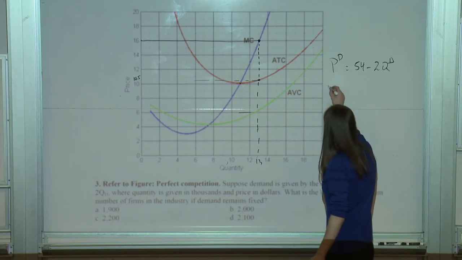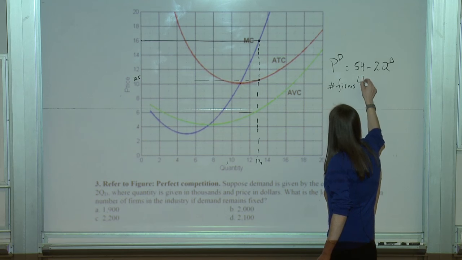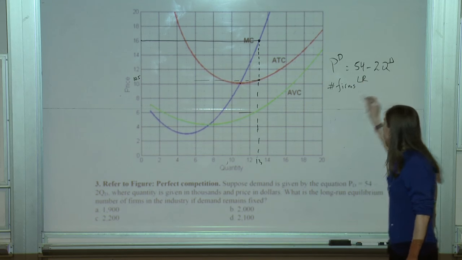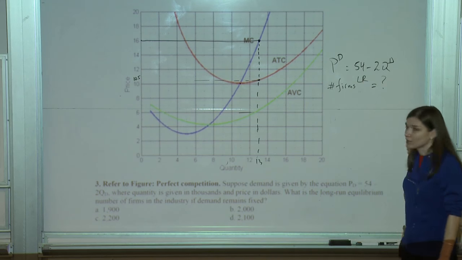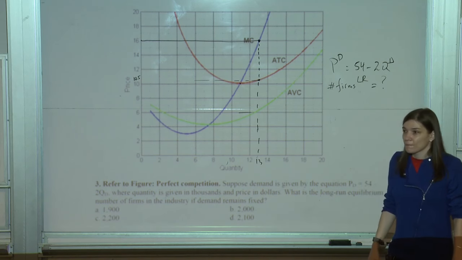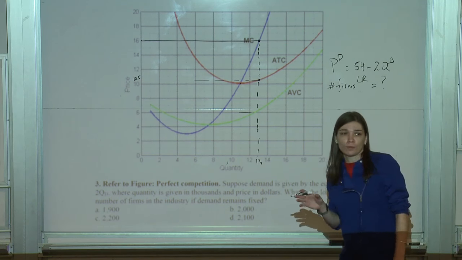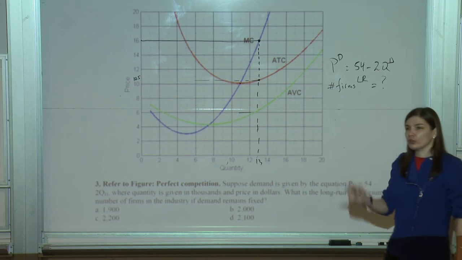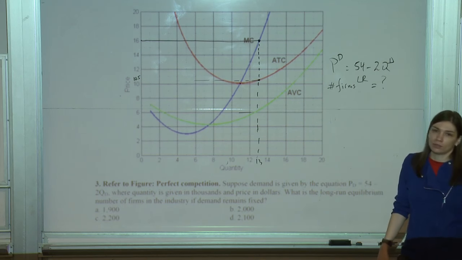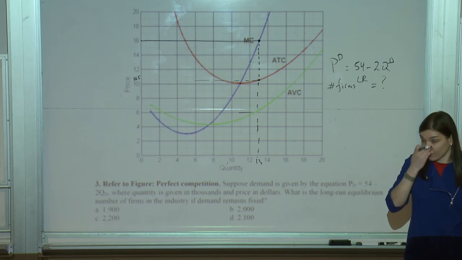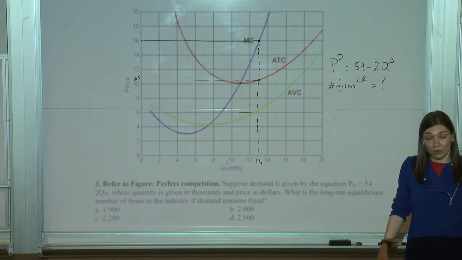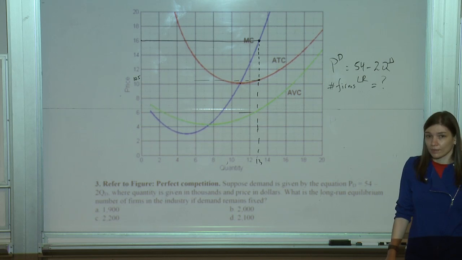So I'm after the number of firms in the long run. How can I find that? Remember, I have perfect competition. What do I know for sure is going to happen in the long run? What's the profit that companies are going to make in the long run? Zero.